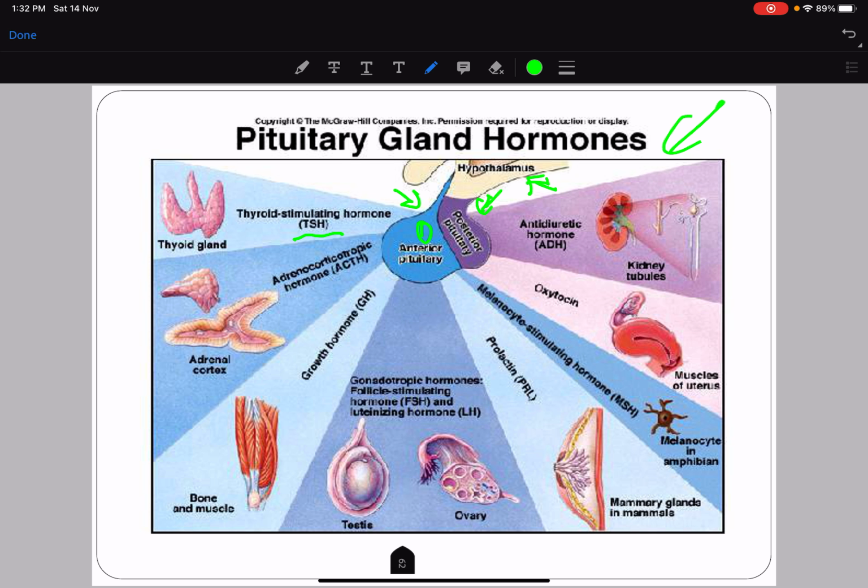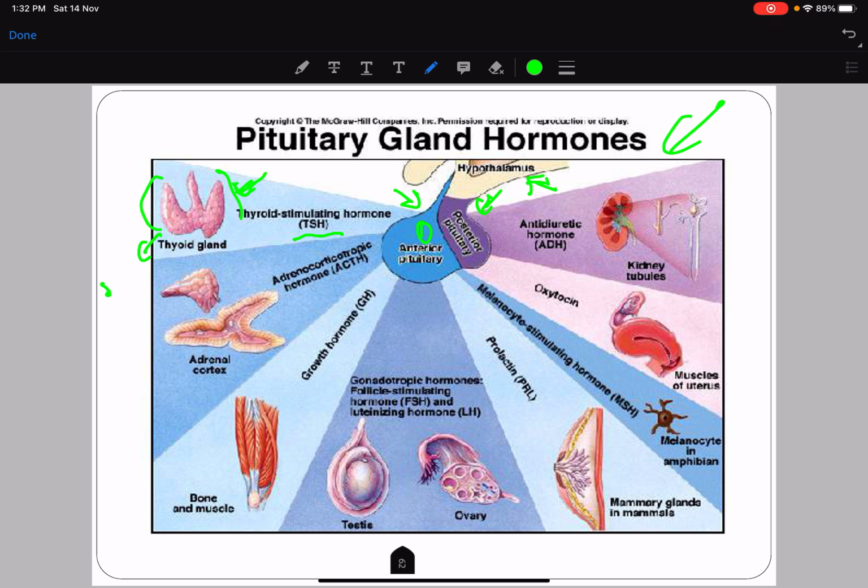When it is secreted by the anterior pituitary, it travels through the blood to the thyroid gland and signals it to produce its action. The thyroid gland's action is to secrete thyroid hormones.